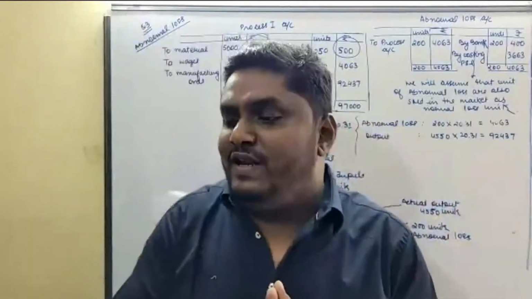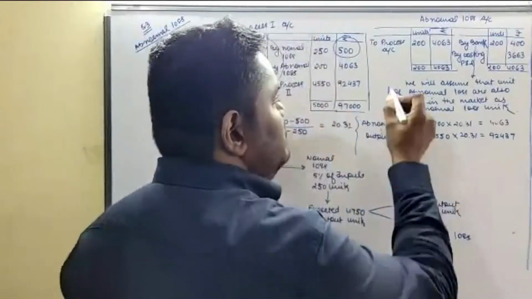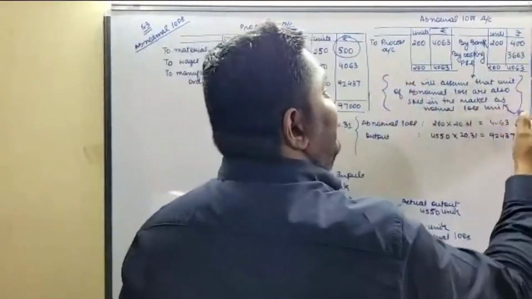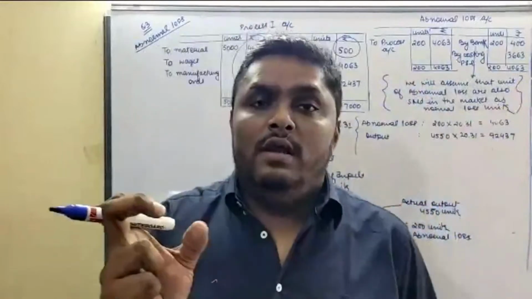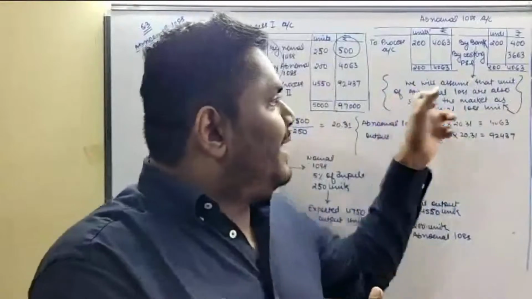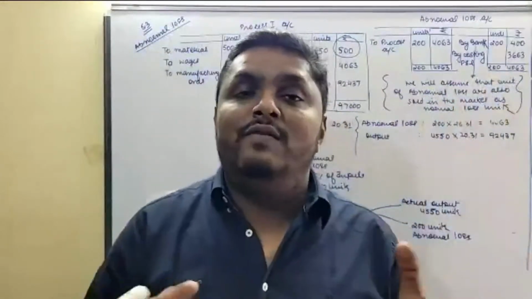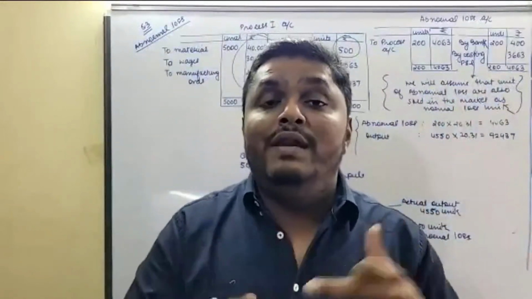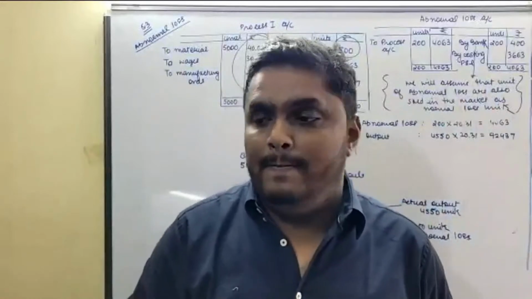This is by default an assumption, so no need to write this note. I'm just writing it for your reference, that where did the 400 rupees for 200 units come from. So that's why I have written that note, so that when you are revising for the exams, you can recollect the concept in a better way.